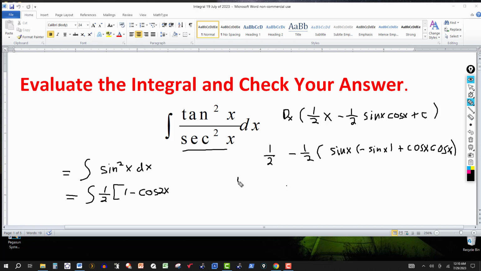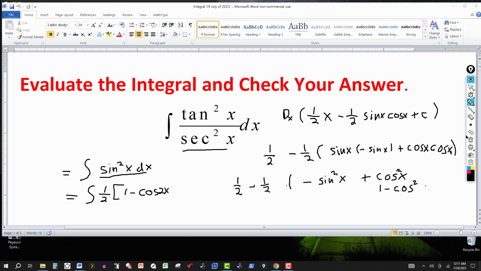So we got 1/2 minus 1/2, and then inside the parentheses we got the sine times the minus sine. This will be minus sine squared x. And then I got a plus cosine times cosine, which is cosine squared x. So to get the original integral, first I've got to get this right here. I'm going backwards here, so I need some sine squared only terms. So let's replace the cosine squared by 1 minus cosine squared.